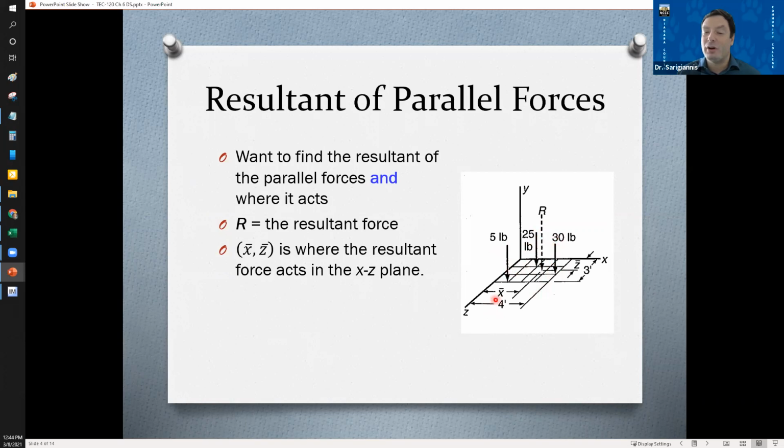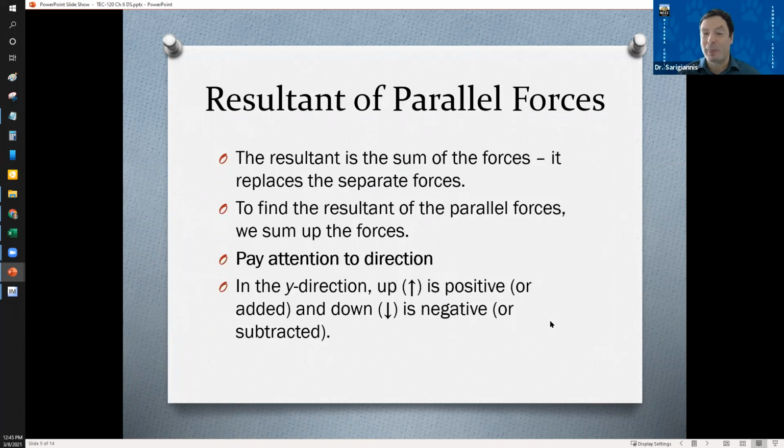So see the little bar, X bar and Z bar? Those are the resultant location, X bar and Z bar. That's where the resultant is located, and we find that by knowing where these forces are located and what magnitudes they are.